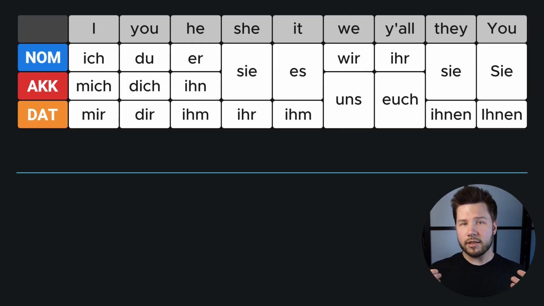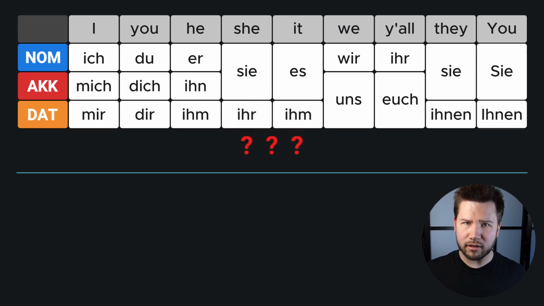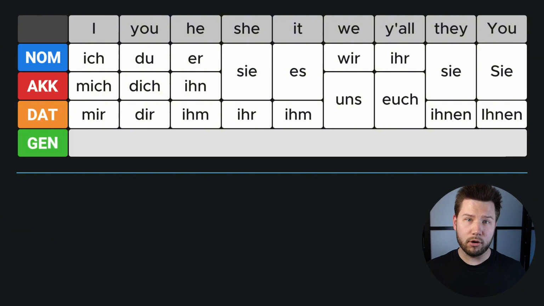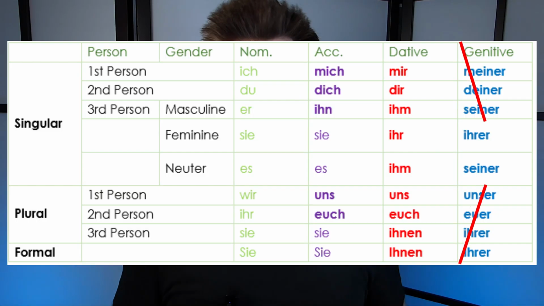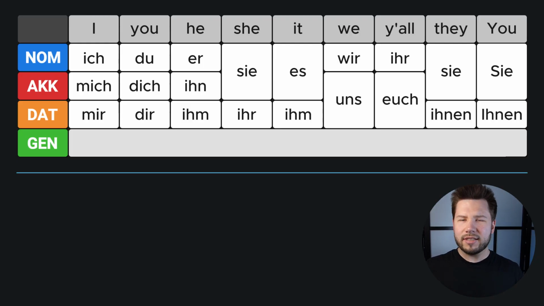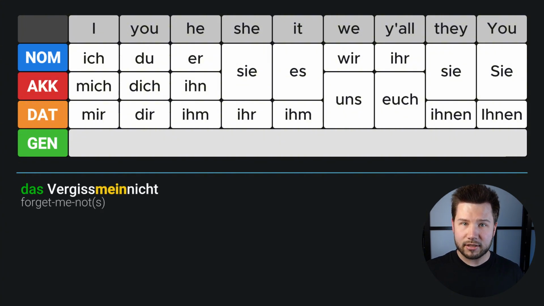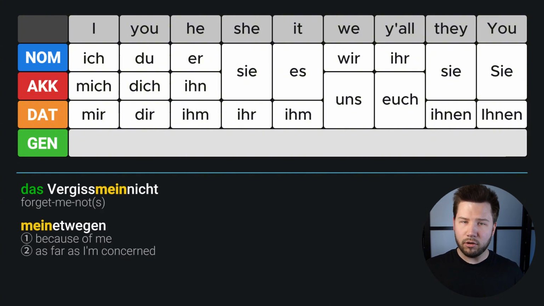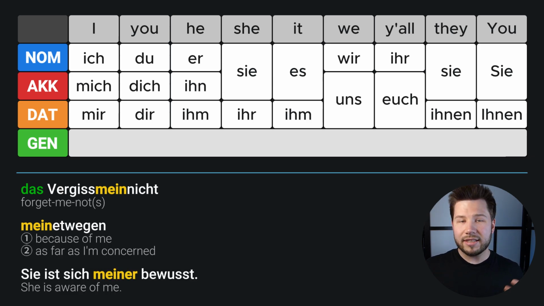And that's it. That's the whole table. Now, some of you might raise the objection that, hey, you didn't include the genitive. However, that was on purpose for the simple reason that we don't use it anymore. Actually, a number of dangerously half-true tables like this one are floating around on the internet, so I'm going to address this real quick. The genitive only really exists as a remnant in certain constructions, such as vergiss mein nicht, forget-me-nots, meinetwegen, because of me or as far as I'm concerned, or sie ist sich meiner bewusst, she's aware of me.